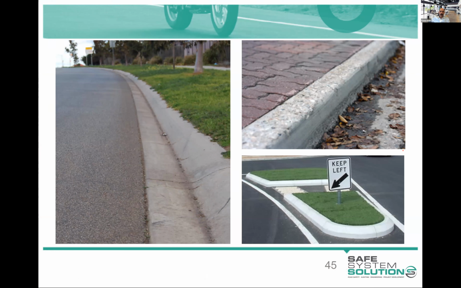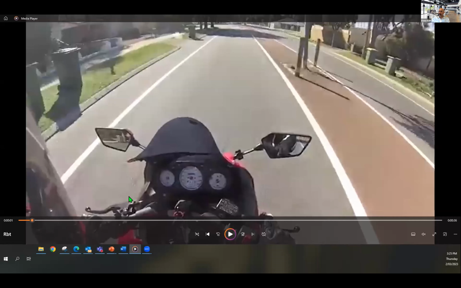Here's an example. I'll jump over to a little video just showing you how small a lip can destabilize a rider. I actually think the value of this roundabout's pretty good. They've made it so it stands out, and it's a small lip, but this is more just showing you the dynamics of a rider hitting a surface change.